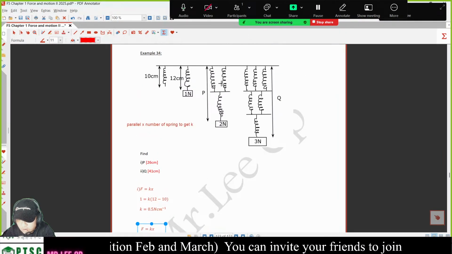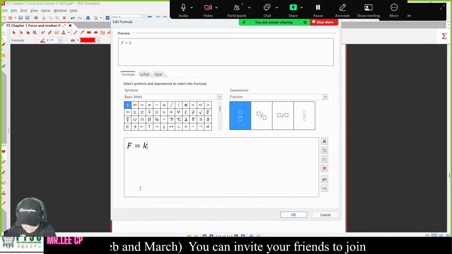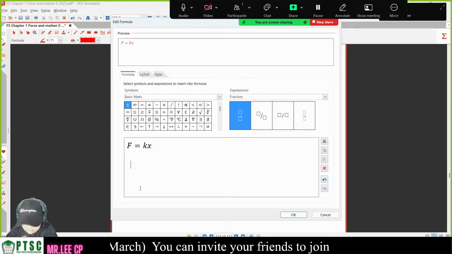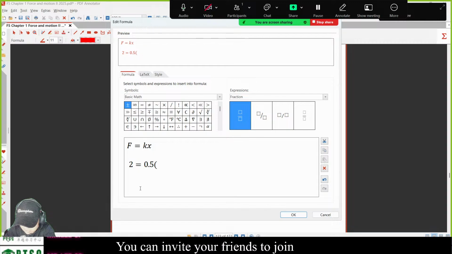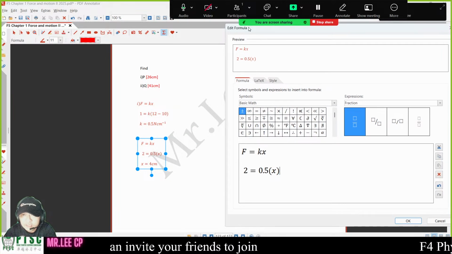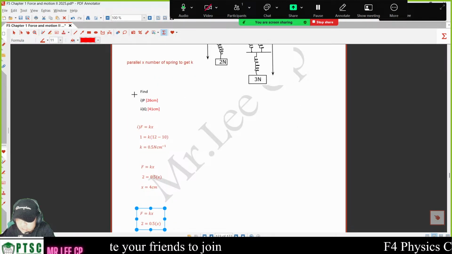How about this one? F is Kx again. F is 2 Newton. K is 0.5. The extension of the spring, I don't know. But you need to know, here it is 2 springs together, as I told you.